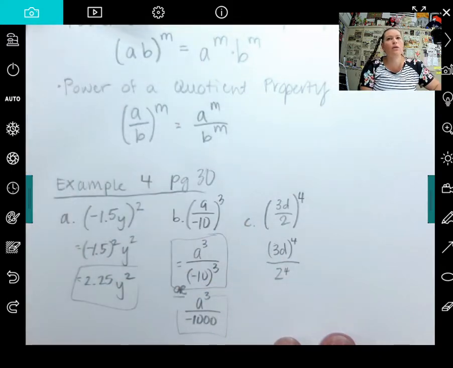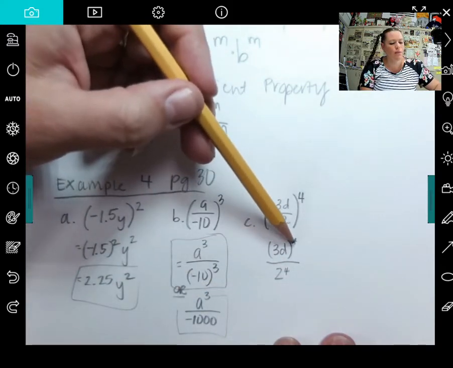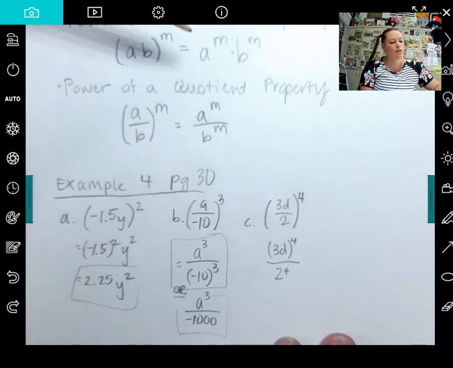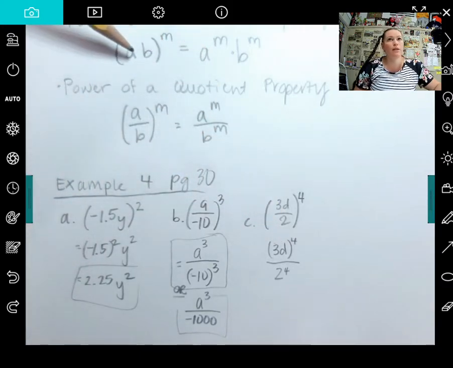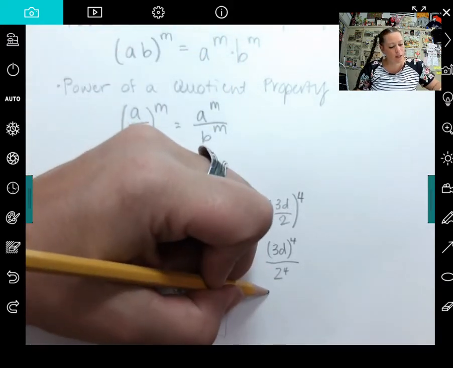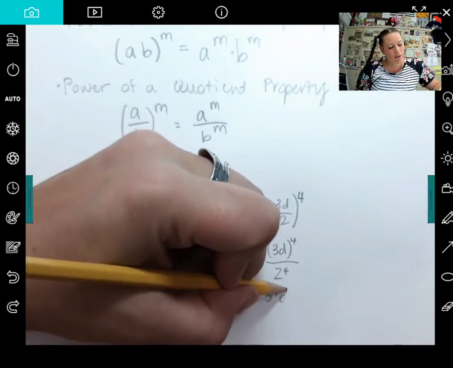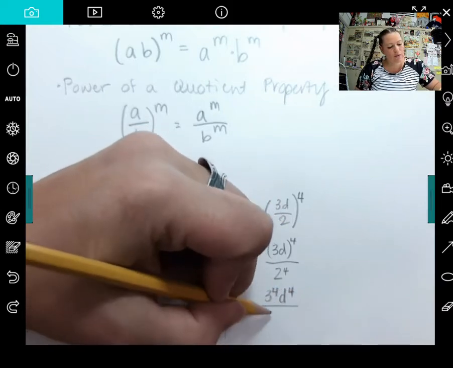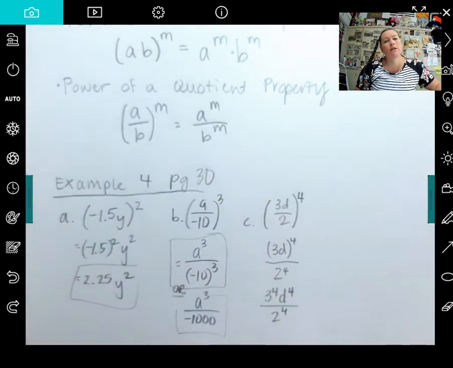But now not only did we distribute to the top, we have 2 terms on the top. So now we need to use that product property, where we distribute the 4 to the 3 and then to the D. So we have 3 to the 4th, D to the 4th, over 2 to the 4th.